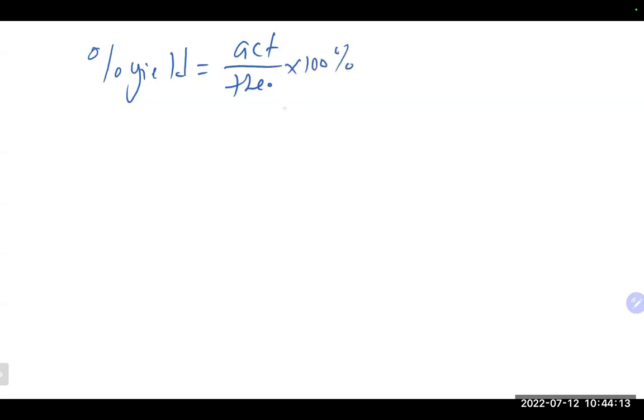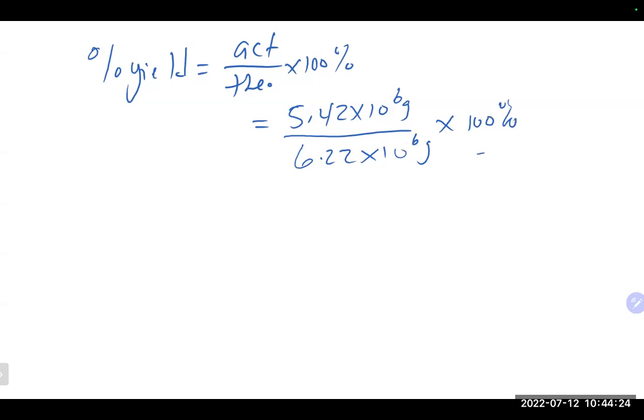So now our percent yield would be our actual divided by our theoretical times 100%. Actual was 5.42 times 10 to the 6 grams divided by our theoretical 6.22 times 10 to the 6 grams, times 100%.